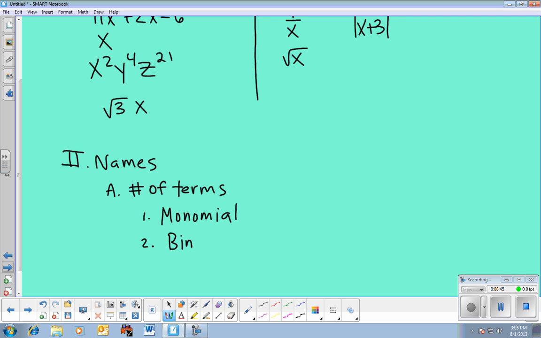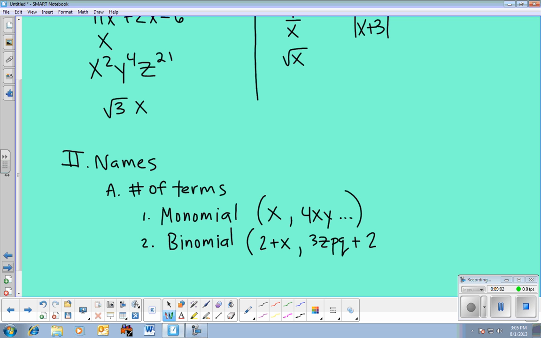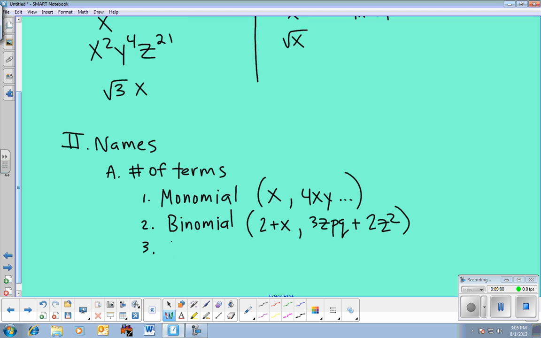Binomial. A few examples. A binomial is basically going to be 2 plus x, or 3zpq plus 2z squared. 2 terms, 1 plus or minus sign. A binomial, bi is for 2. 3 is trinomial.